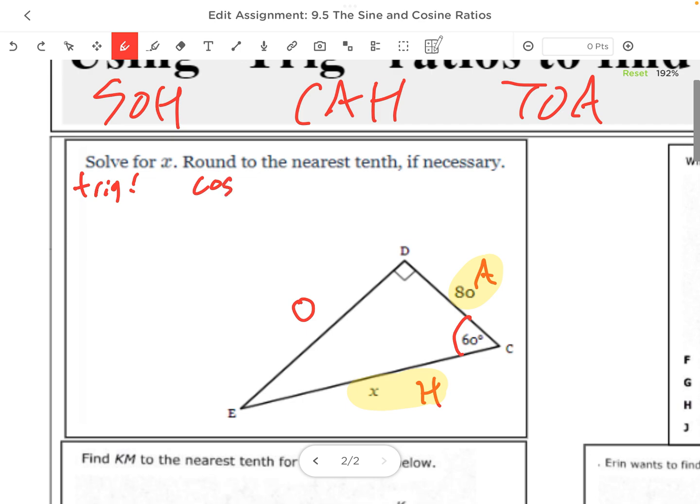So, CAH. Cosine of 60 is equal to the ratio of adjacent over hypotenuse, so 80 over x. Okay, that's the hardest part, just setting it up.